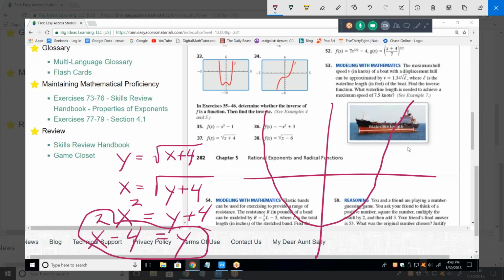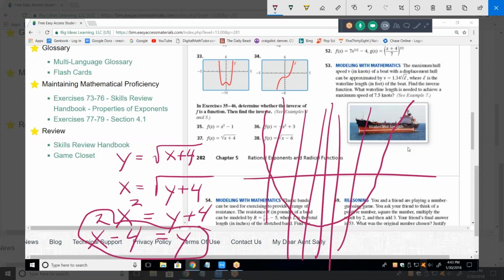There's the inverse. Okay. And the inverse passes the vertical line test. That makes the inverse a function, which we knew already because the original function passed the horizontal line test. So we didn't have to, this actually, yeah, no, this is correct.